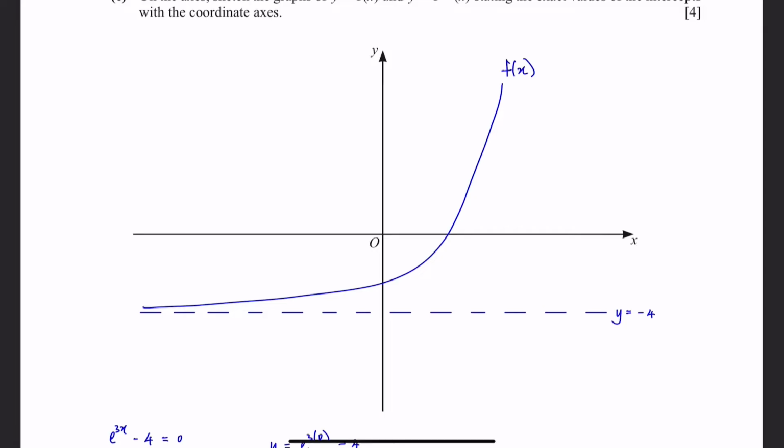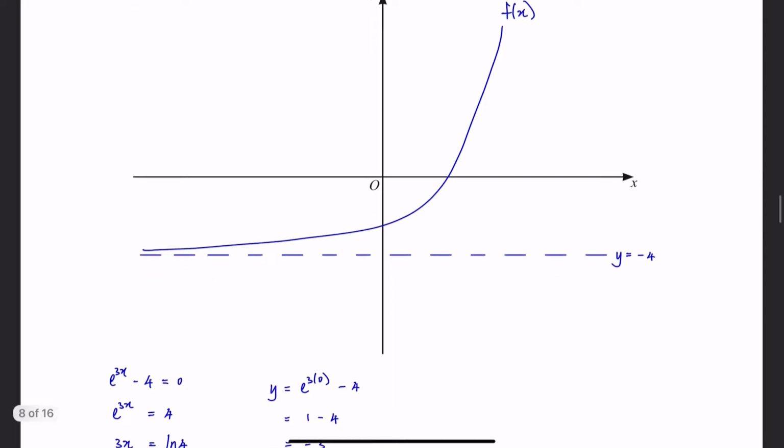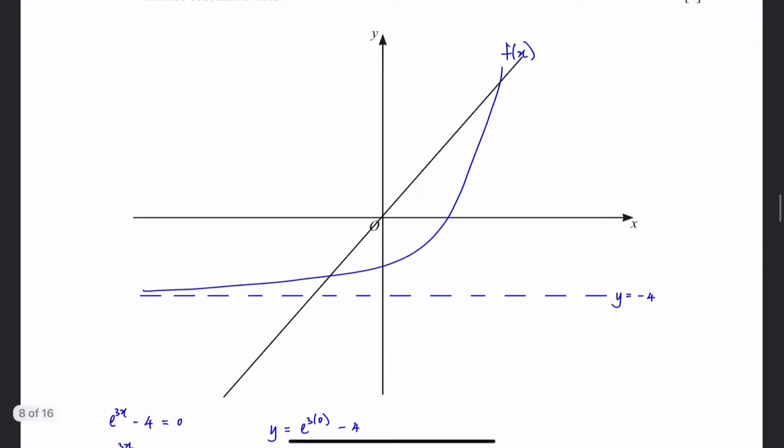And in order to draw our f inverse graph, we need the y equals x graph. This would be y equals x. And we need to reflect the graph over the y equals x line.